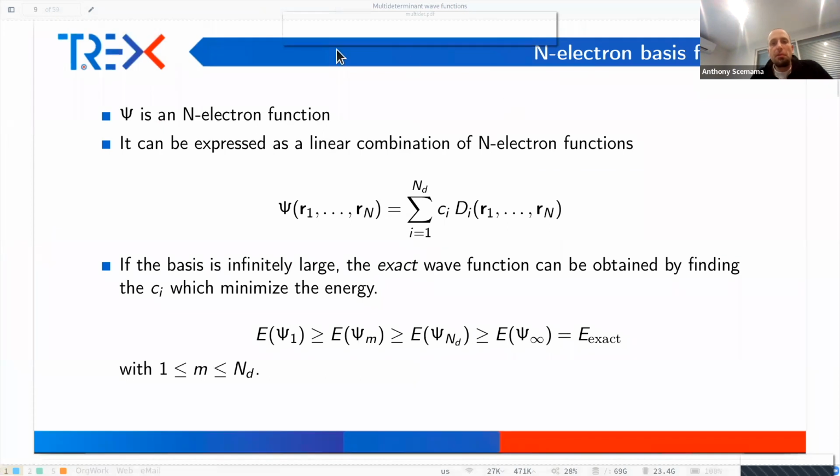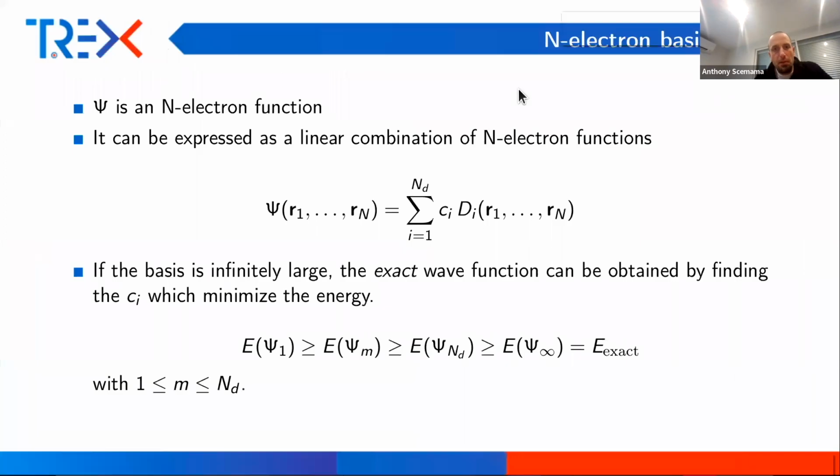Okay, so we have talked about orbitals, which are one electron functions. So now we will talk about N electron basis functions. So the wave function is an N electron function, and so if you want to represent it in a basis, you need to take a basis of N electron functions.